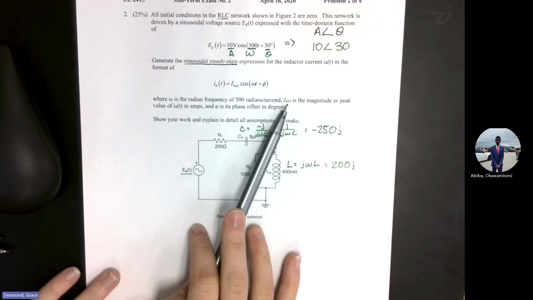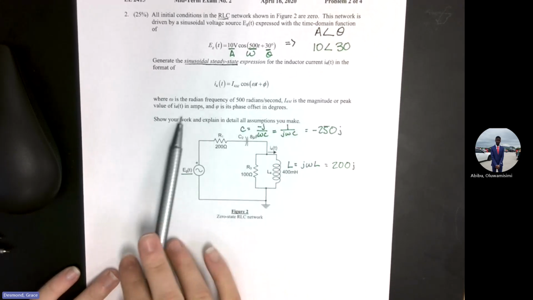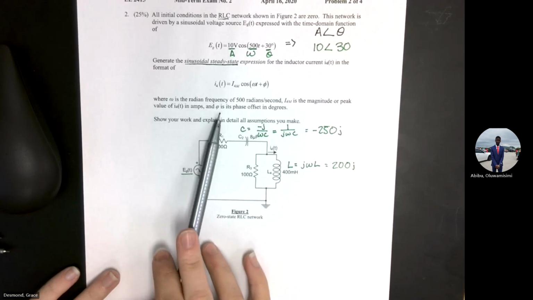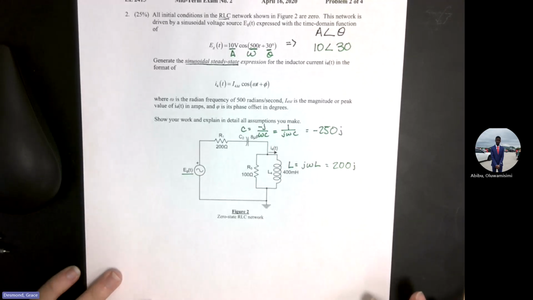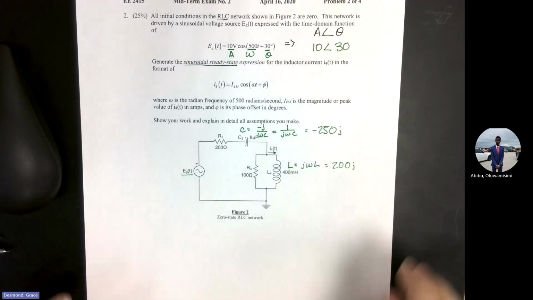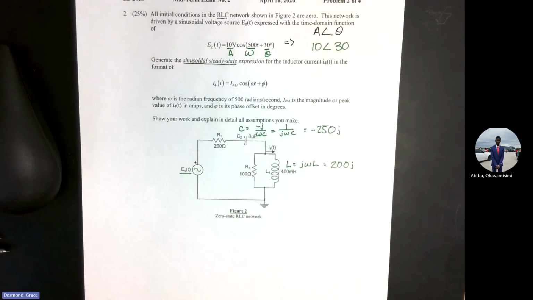And then I4 magnitude is the magnitude or peak of I4 in amps, and phi is the offset in degrees.